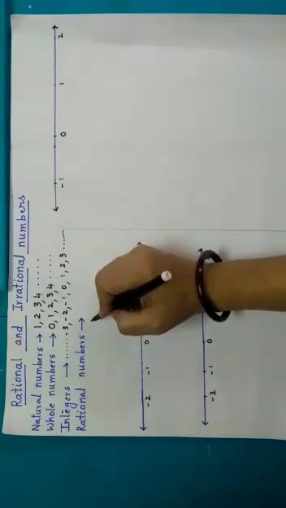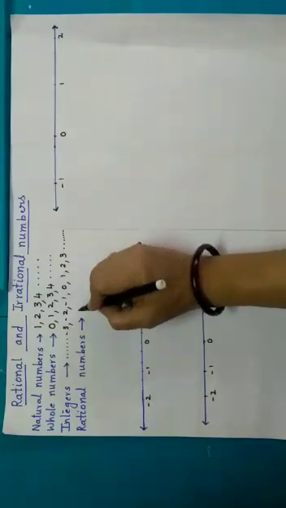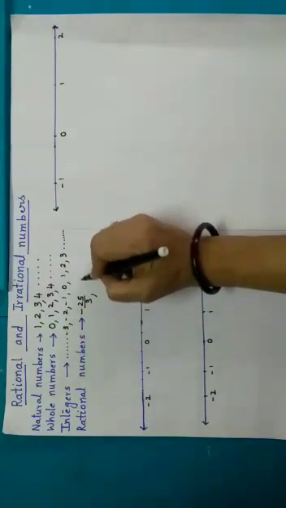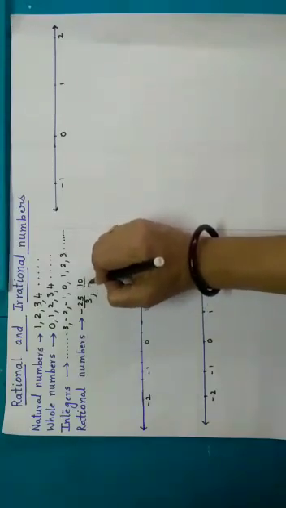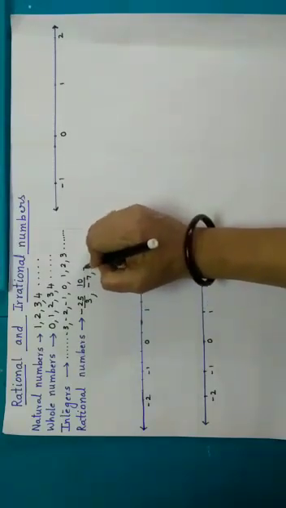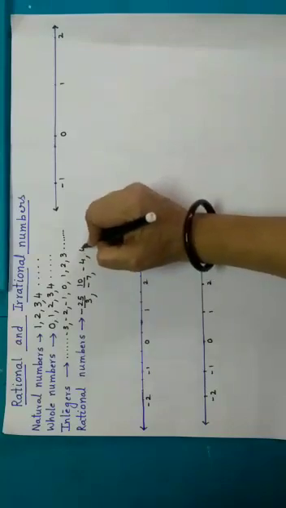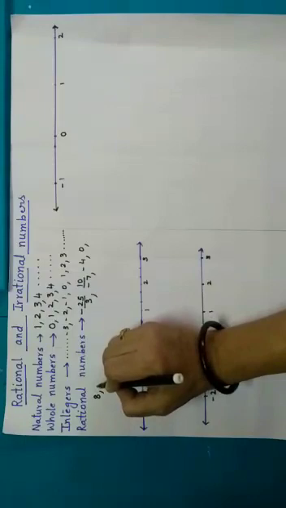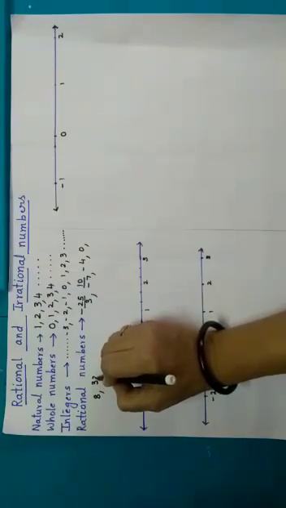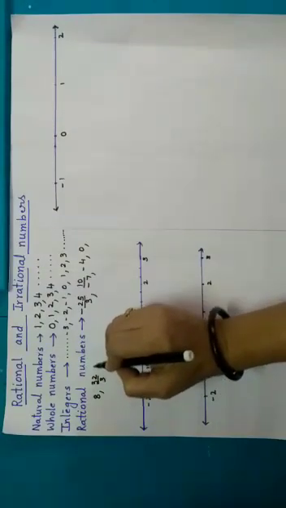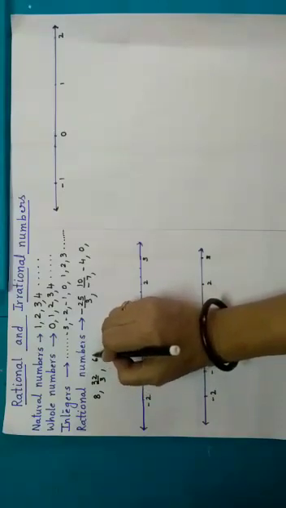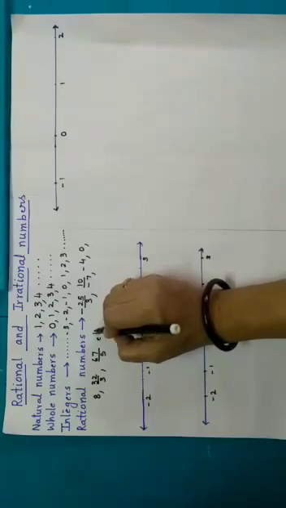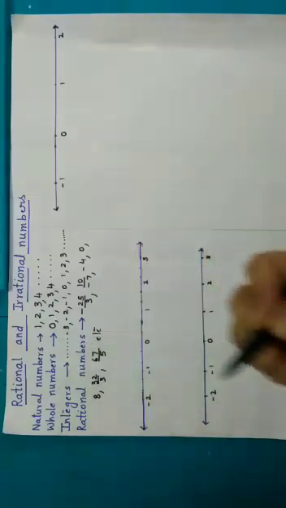Next we go to rational numbers. -25/3, 10/-7, -4, 0, 8, 32/3, 67/5, etc. These are rational numbers.